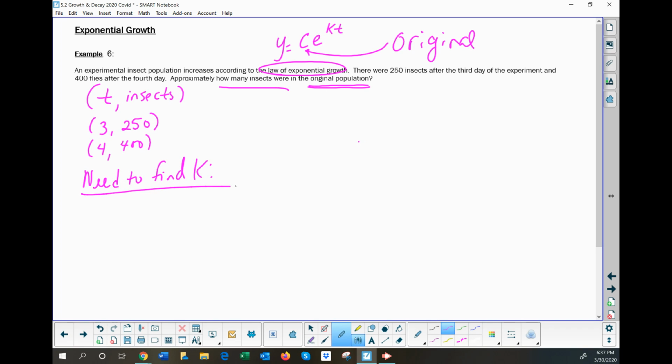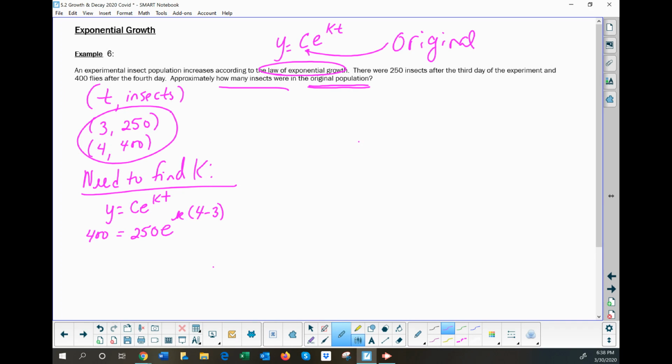And that's going to look like the equation y equals c e to the kt. I'm going to use these ordered pairs. So if I start with 250, I finish with 400 insects. How much time did it take for that to happen? 4 minus 3 would be the days that it took, so in this case, 1 day.